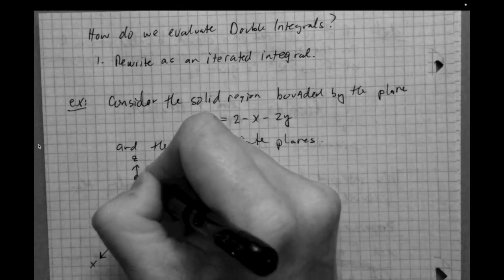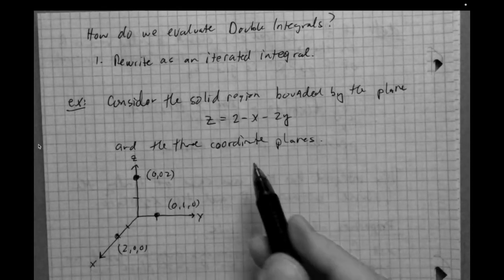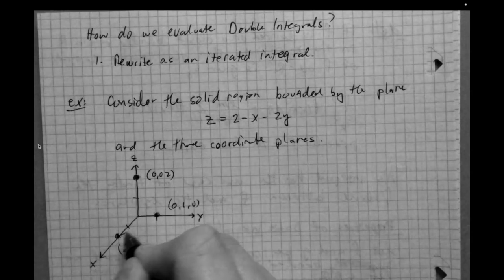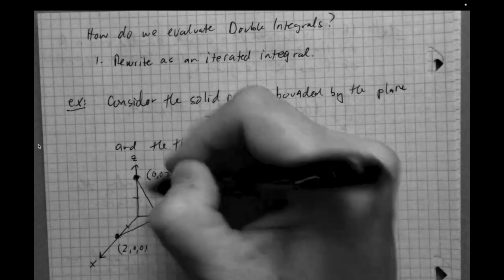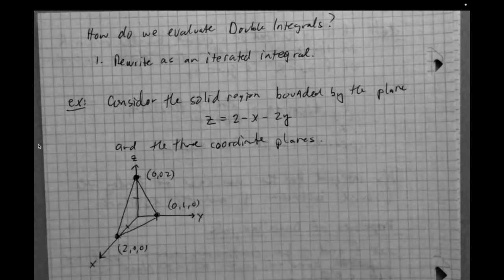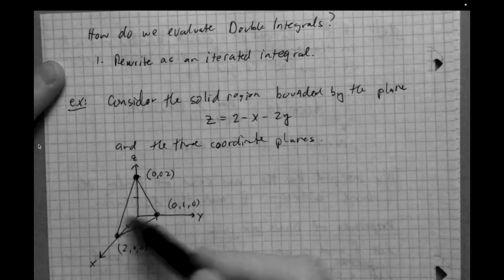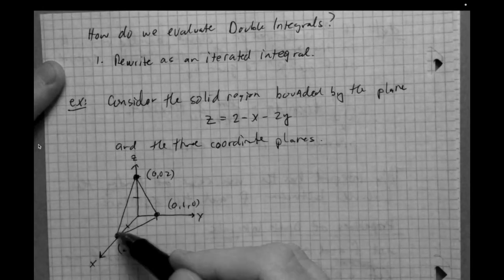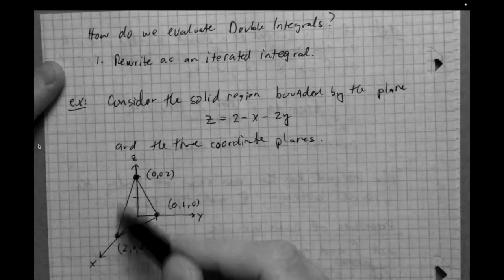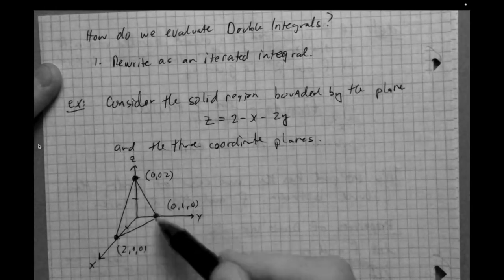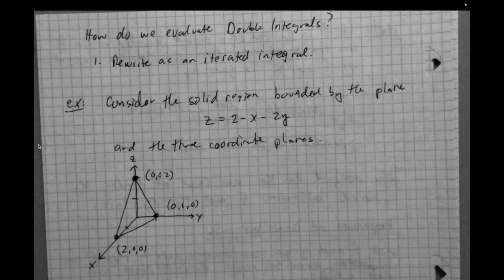Okay, and the plane is going to intersect these three axes at these points, right? And so you can imagine it's going to look like this. Now the volume that we're interested in is, so you've got this plane here that's intersecting the three axes, and it's going to create this sort of tetrahedron-y shape.